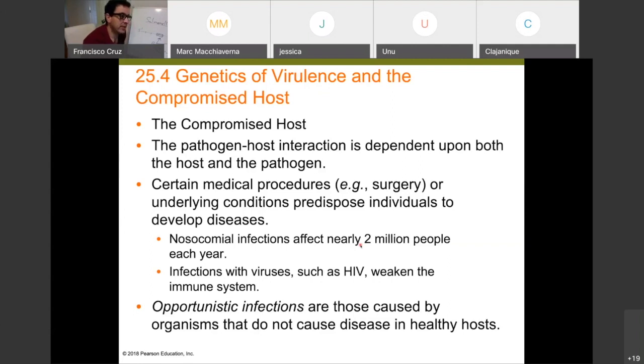We know that depriving all the vital organs of needed oxygen has a detrimental effect on your health. So a compromised host can occur in all of these cases. And so that's a big part of the pathogen-host interaction. So I worry about people that are recovering from COVID and whether or not they're more susceptible to other diseases, pathogenic or otherwise.